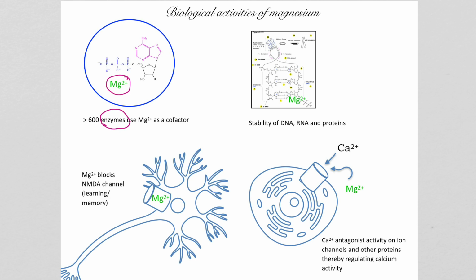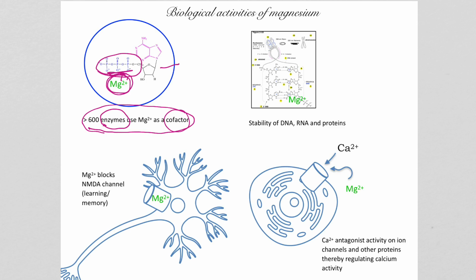So it's not surprising that over 600 enzymes use magnesium as a cofactor. That means without magnesium, these enzymes, these proteins will not work. Especially enzymes that use phosphorylated phosphoesters, such as your nucleotides. Those enzymes that use these nucleotides as substrates tend to use magnesium quite a bit. Magnesium is very commonly attached to or binds to these phosphates.